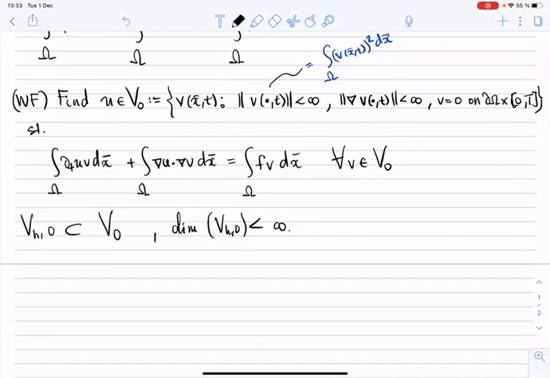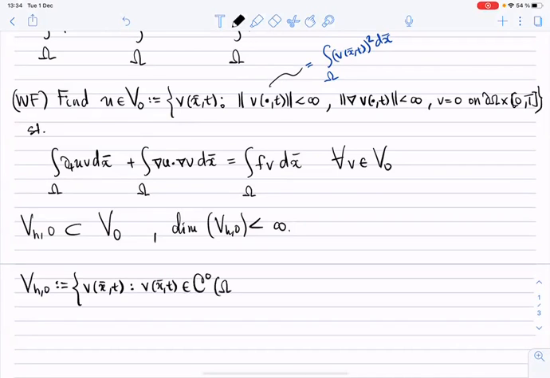There are of course many ways of doing that, and one of the ways we can define this finite dimensional subspace is as all functions depending on x and t, such that v(x,t) is continuous inside omega.